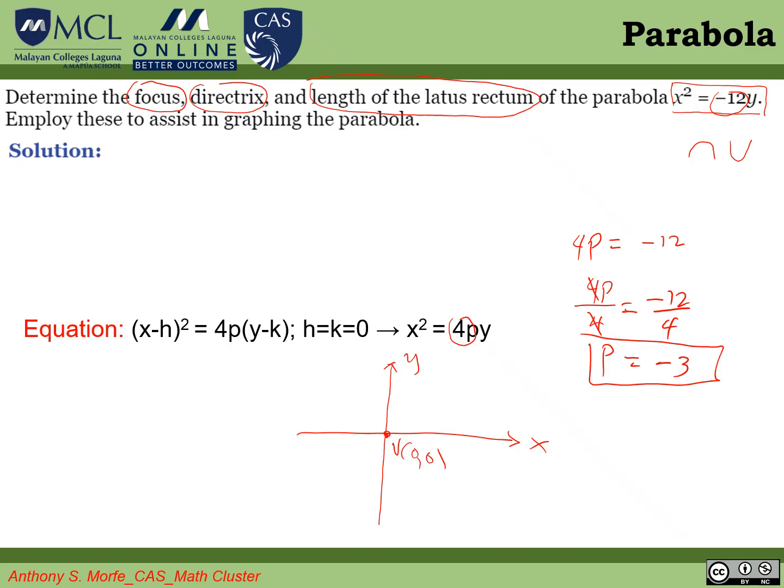So since this is negative, the parabola should open down. So this is 3, negative 3. So 1, 2, 3. So the focus is here. What are the coordinates of the focus? The abscissa is also 0, and the ordinate is minus 3.